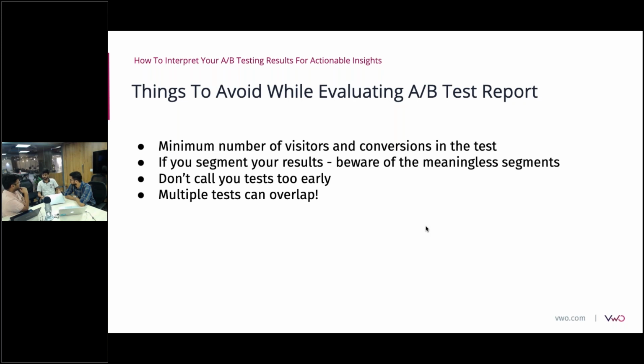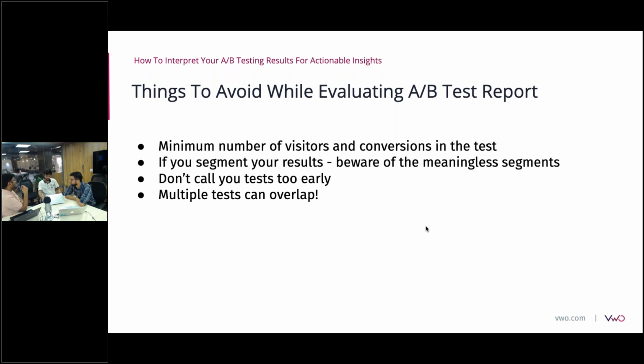So, for example, if one test targets the navigation bar across the website, and the other one is just one small change on, let's say, one of your blog pages, there can be overlapping visitors between them. They might not be many, but there can be. But what if both of those changes may have an impact on the conversion rate to the product pages, for example, for an e-commerce store.